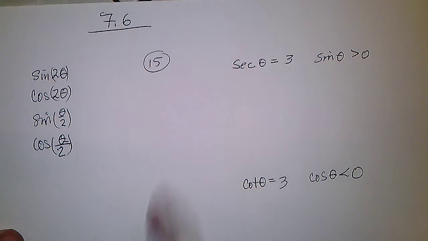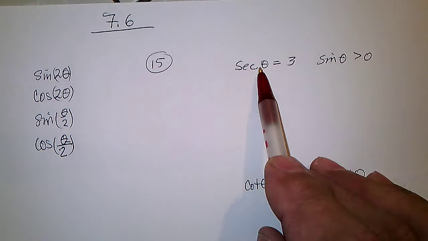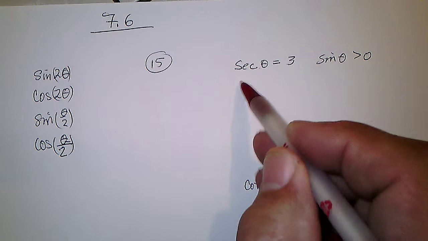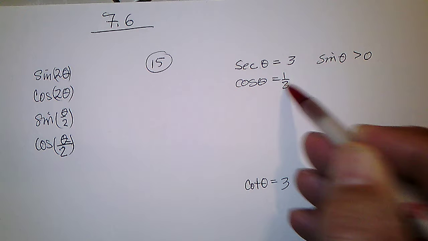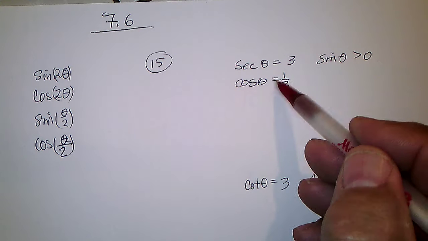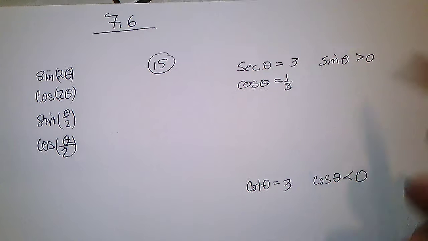7.6 problems. Number 15, they say to find these if the secant of theta is 3, which means the cosine of theta is 1/3. And so the cosine's positive, they say the sine's positive, so we're going to be in the first quadrant.